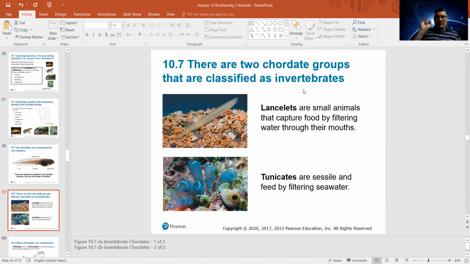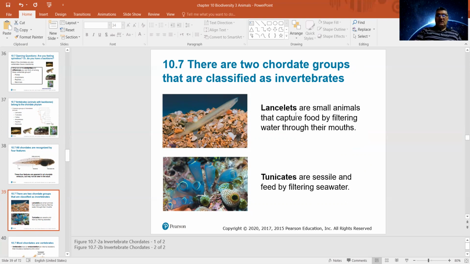When you see in, un, an, or even im at the beginning of a word, any one of those as a prefix means no. So invertebrates means no vertebrae. It's a chordate, but it does not have vertebrae or a backbone.